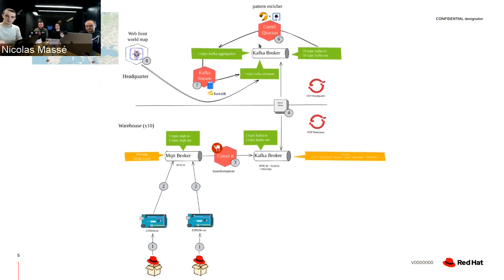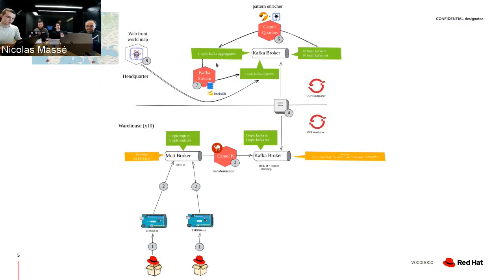This Kafka broker is then read by a Camel Quarkus application that will enrich the data: from which warehouse the data is coming, timestamps, and so on. And those data are sent and aggregated into one Kafka topic.